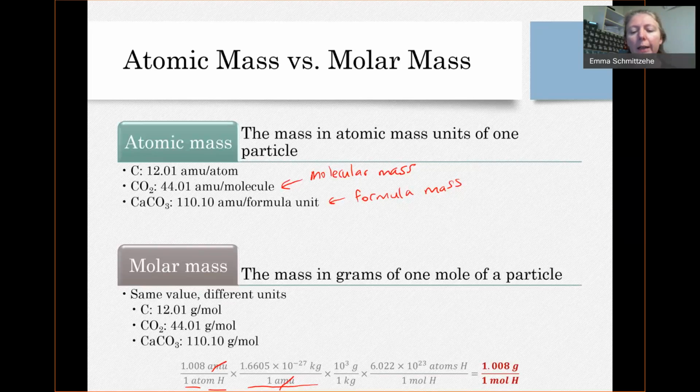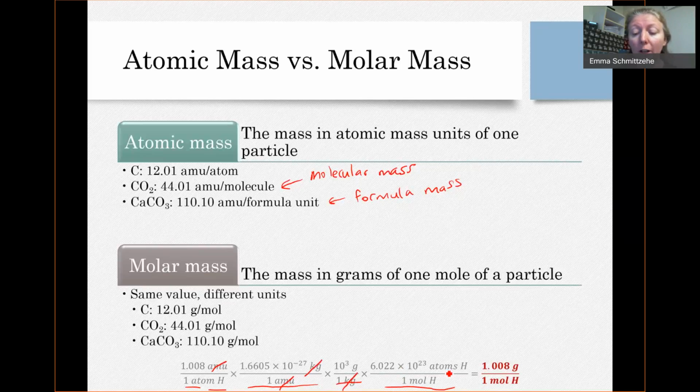And we want it on the scale of grams because we want to talk about a molar mass. So I can convert kilograms to grams. 1 kilogram is 1,000 grams, and so the kilograms part is going to cancel. And then I want it on the scale of moles, so on a per mole basis instead of a per atom. And so I can use Avogadro's number to get that.